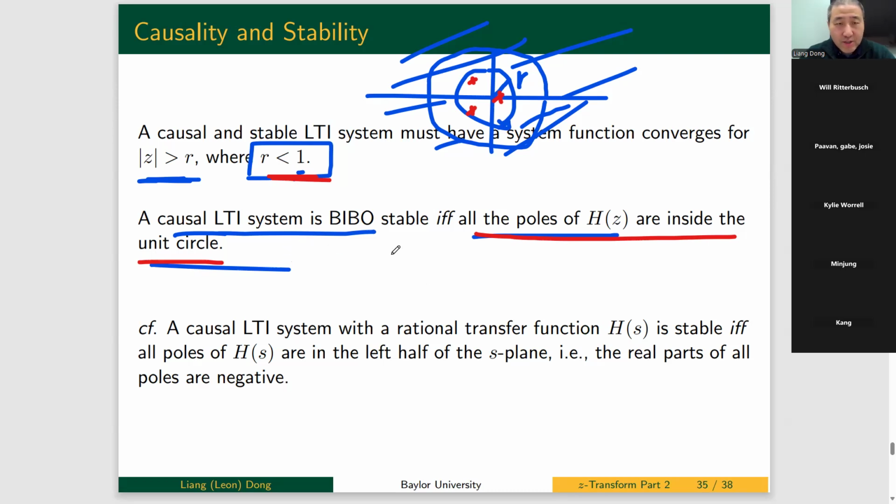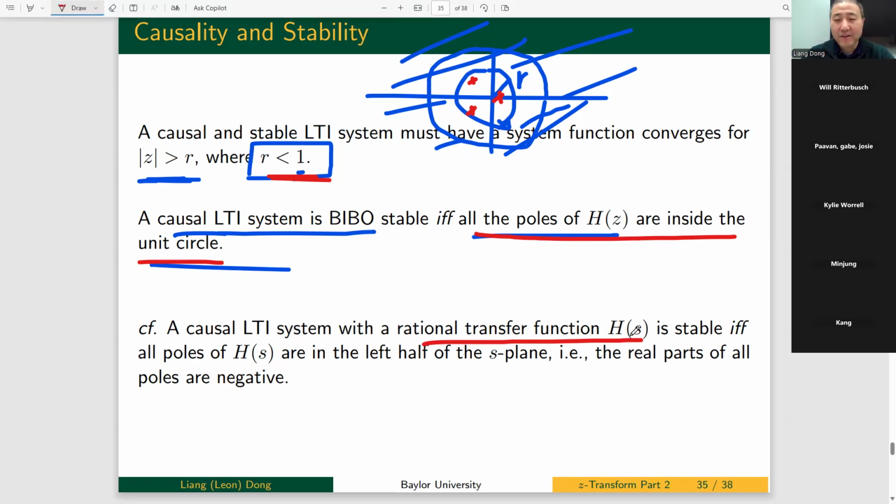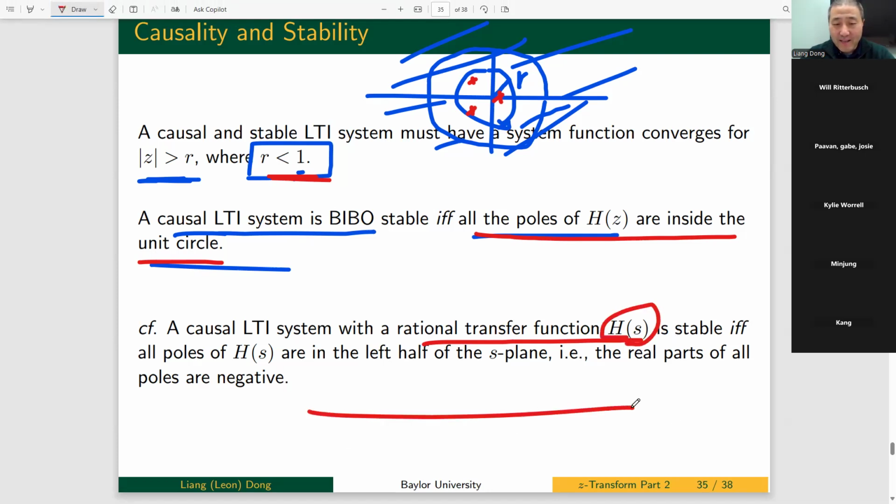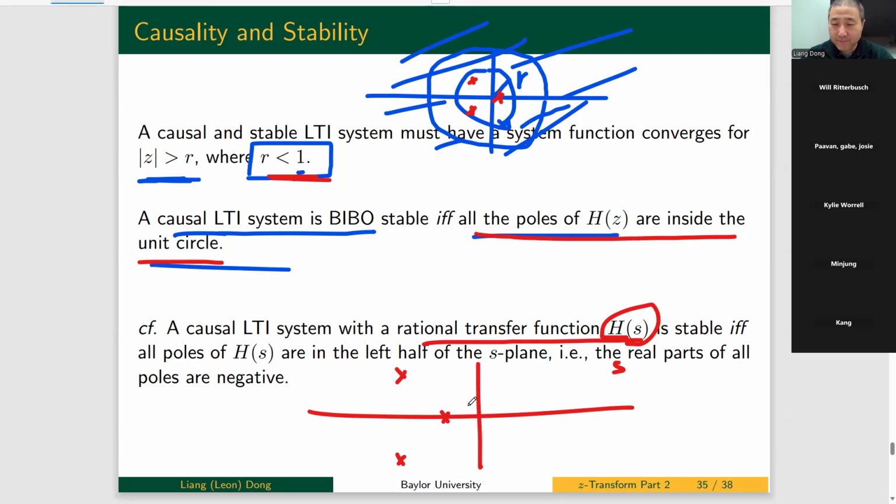So lastly, let's compare this with what you had before in signals and systems, where we dealt with a rational transfer function H(S) in the Laplace domain. You still remember the if and only if condition for the system to be stable? We have the S-plane, a complex plane, and all the poles should be in the left half of the Laplace S-plane.